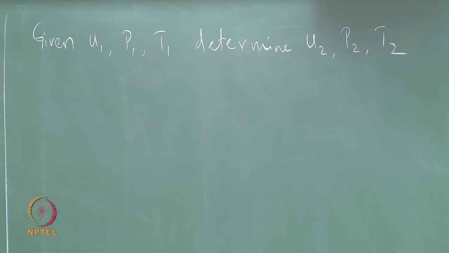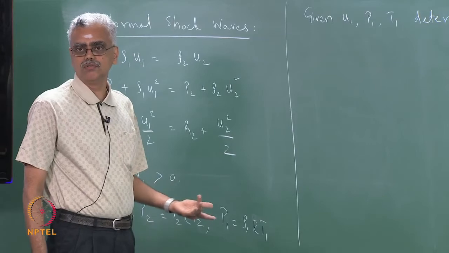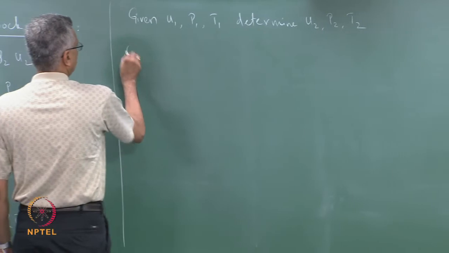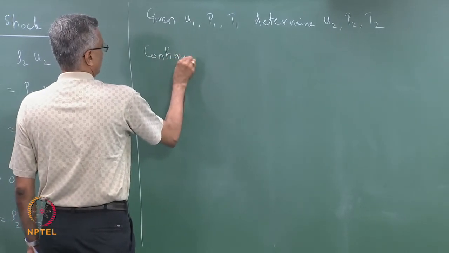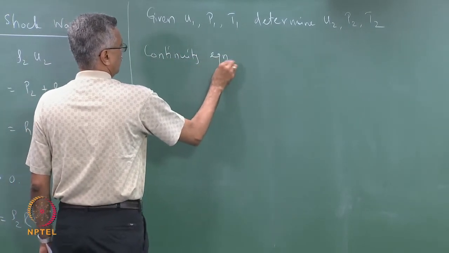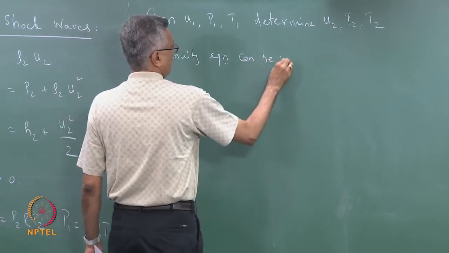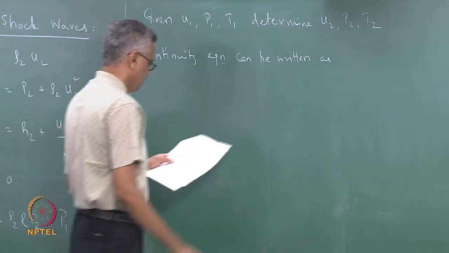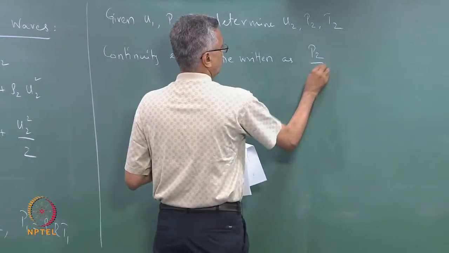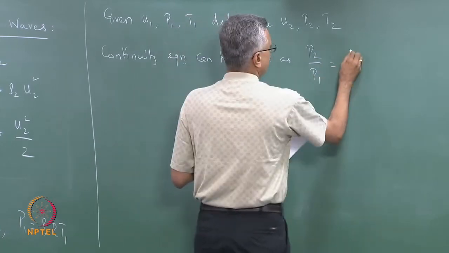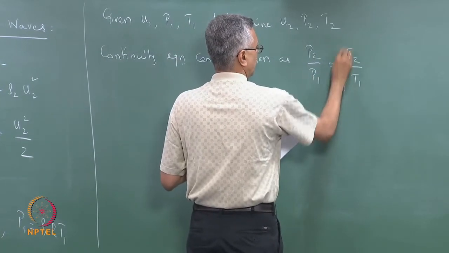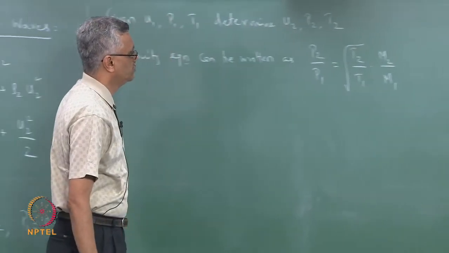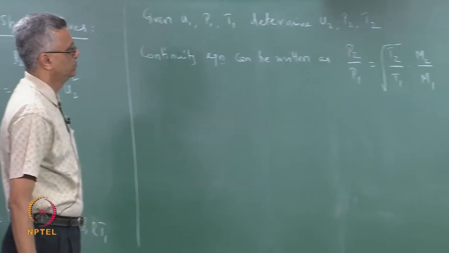So, we have 3 unknowns and 3 equations. So, we must be able to solve this to obtain a solution. So, we start by writing the continuity equation. If I use the definition of density, then I can write this as rho2 over rho1 is equal to M2 over M1, where M is the Mach number of the flow.